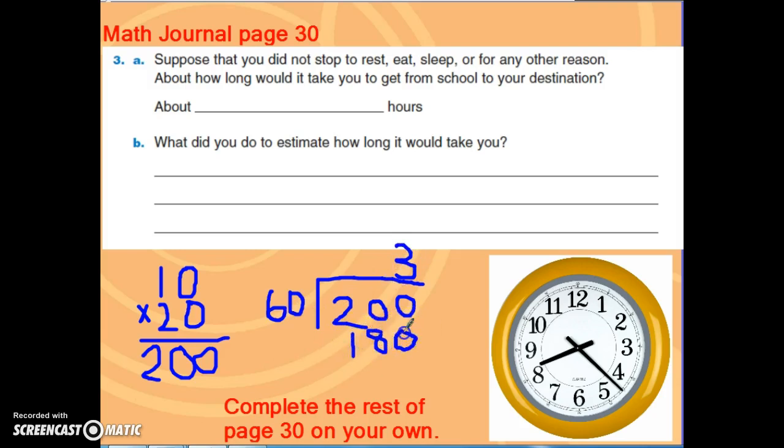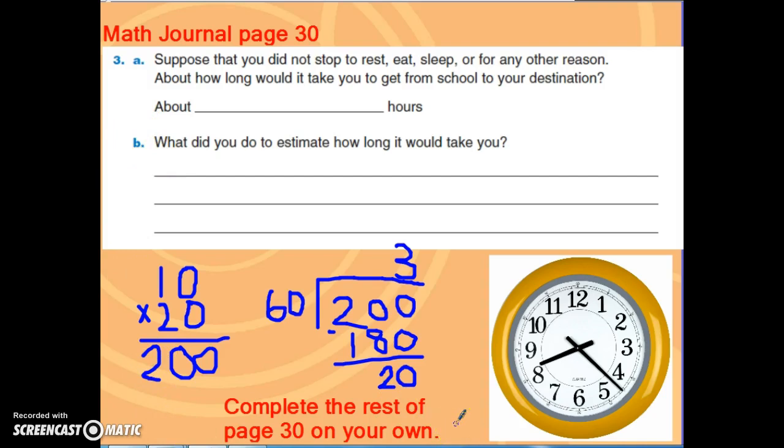If I subtract, there are 20 left over, 20 minutes. So 20 out of 60, that's 20 minutes out of that 60 minutes. So it would take me 3 hours and 20 minutes, or 3 hours and 2/6 of an hour, or a third of an hour. Okay, and so then you'll explain how you estimated for letter B.